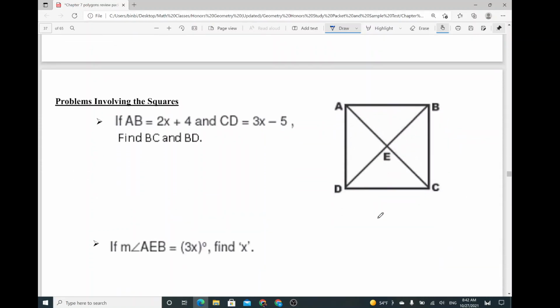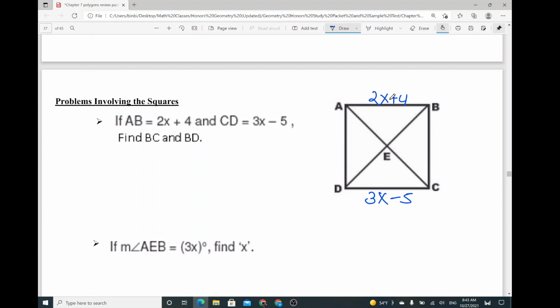So now let's take a look at some problems involving squares. If segment AB is 2x plus 4 and CD is 3x minus 5, find the measure of segment BC and segment BD. Well, this one is pretty straightforward.